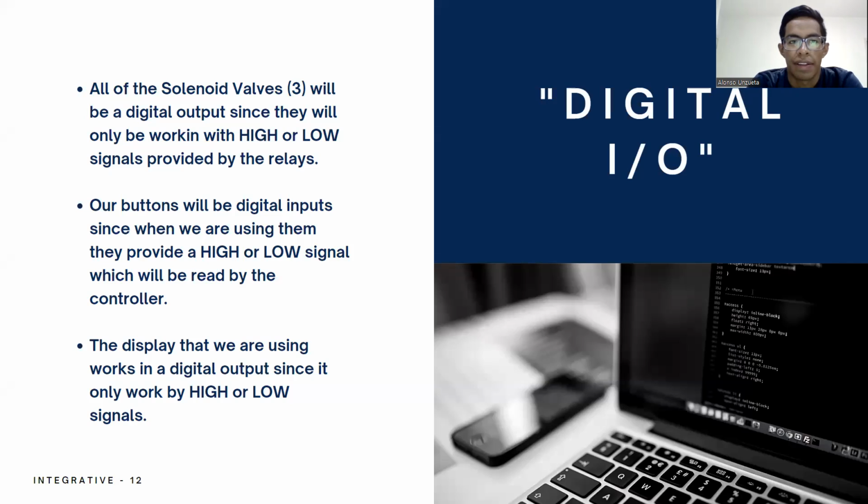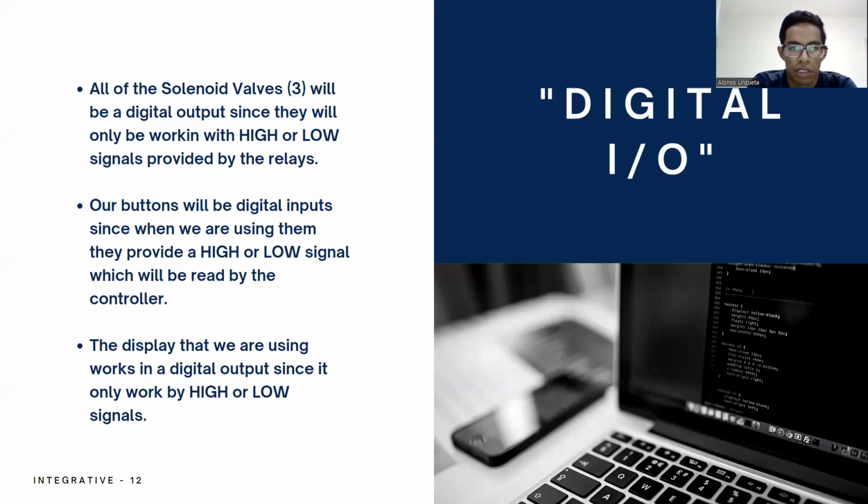Well, let's start with the digital inputs and outputs. In our project, we are going to use three solenoid valves that are going to be connected to digital outputs, since they will only be working with high or low signals provided by the relays.